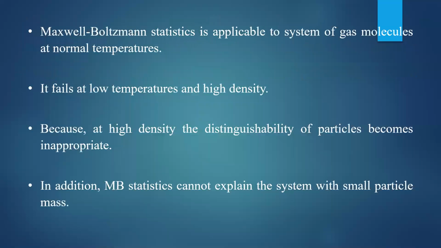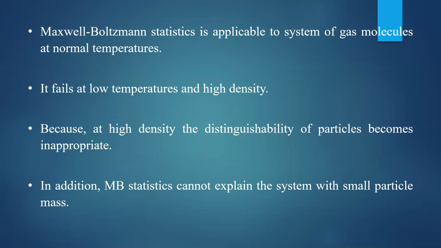Finally, the limitations of this Maxwell-Boltzmann statistics. Basically, Maxwell-Boltzmann statistics is applicable to the system of gas molecules at a normal temperature. So not too low, not too high. It is not applicable to a system having too high or too low temperature.